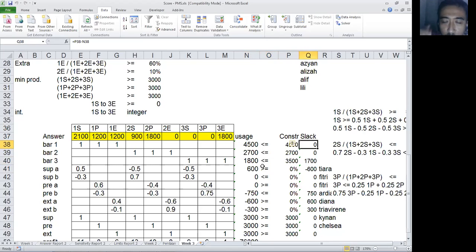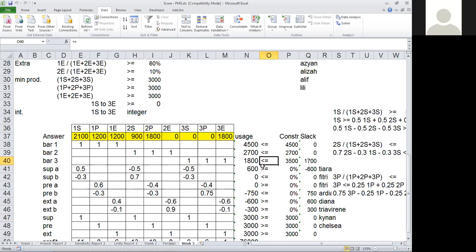So slack means unused, right? But in another condition, when we talk about the minimum, like this one, the minimum is 3,000. If there is slack here, it means extra production from the minimum requirement.